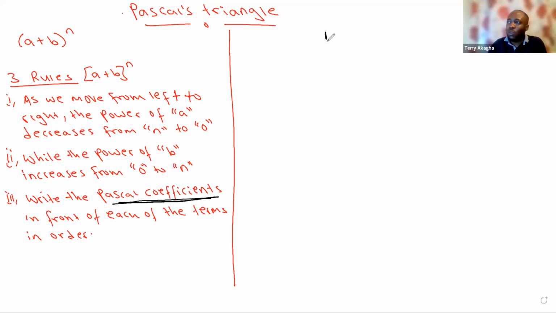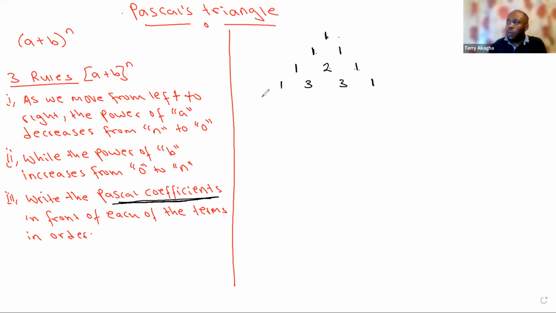Does that make sense? So 1 plus 0 will give you 1. 1 plus 1 will give you 2, you write it here. 1 plus 0 will give you 1. Next row: 1 plus 2, 3. 2 plus 1, 3. 1 plus 1, 1. You can see, as we're going, it's forming a triangle.